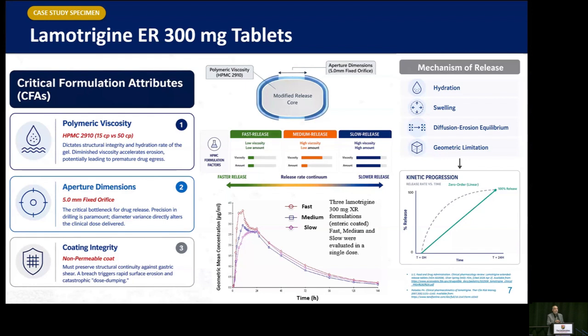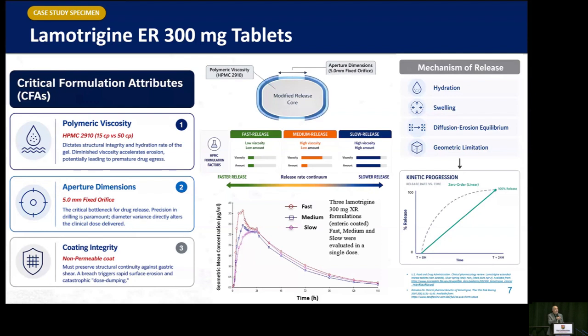So we have prepared this formulation with different release rates using variable amounts of HPMC of different viscosity. We have the fast release, which uses low viscosity and a low amount of HPMC. Then we have a medium release, which has higher viscosity but a lower amount of HPMC. And then we have the slow release, which has a large amount of HPMC of higher viscosity.